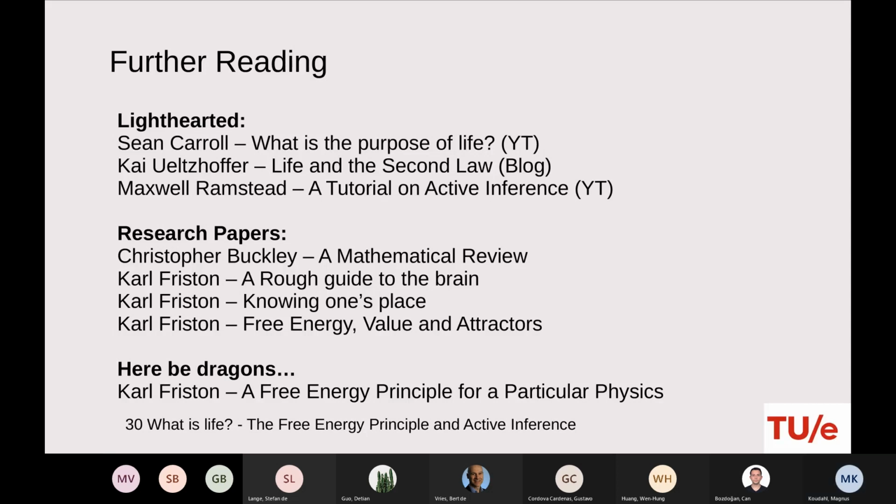Knowing one's place is about systems that self-organize into non-equilibrium steady states, and shows these really cool things with morphogenesis and cells organizing into coherent structures only by minimizing local free energy. And then free energy value and attractors, which is sort of a heavier paper, gets into this idea of random systems that converge to non-equilibrium steady states.